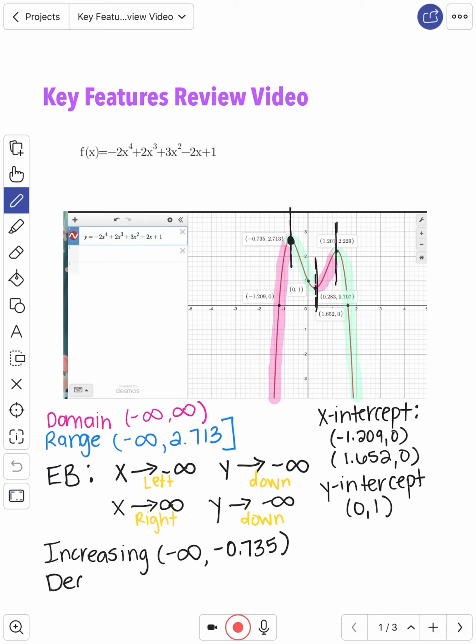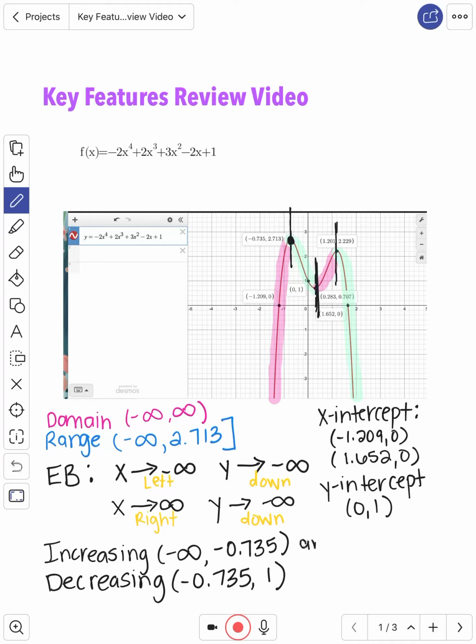All right, then we started to decrease. Now, we started decreasing at the spot where it stopped increasing. So we're going to start at negative 0.735, that x value, and we continue to decrease until this point, which is an x value of 1.